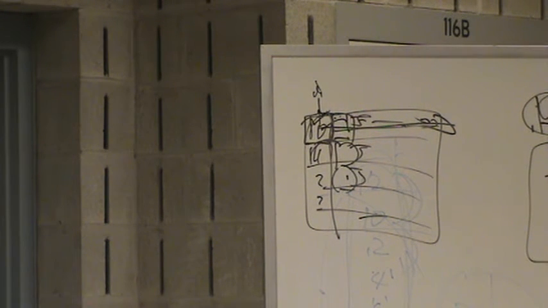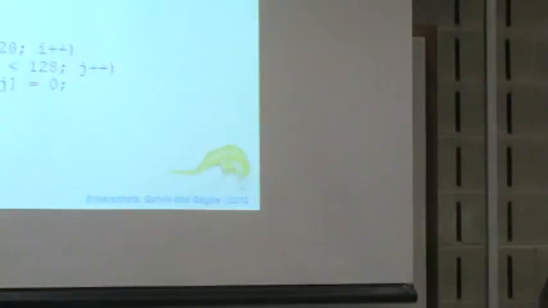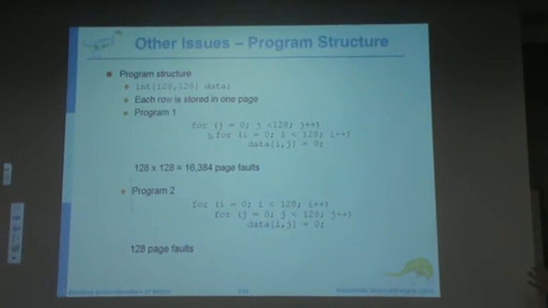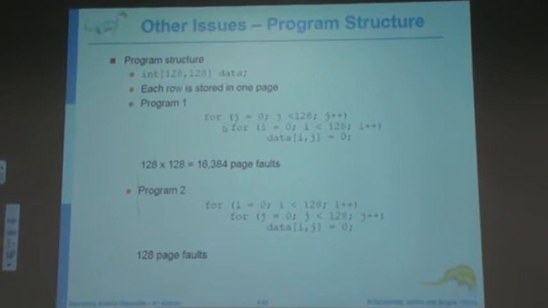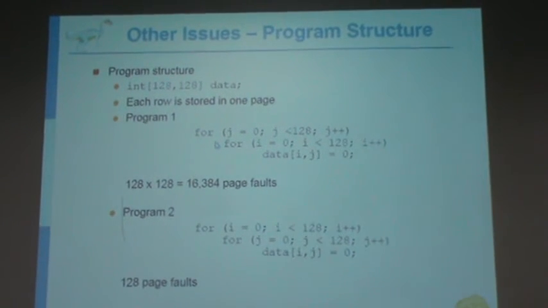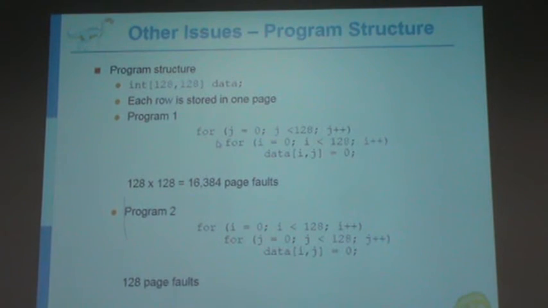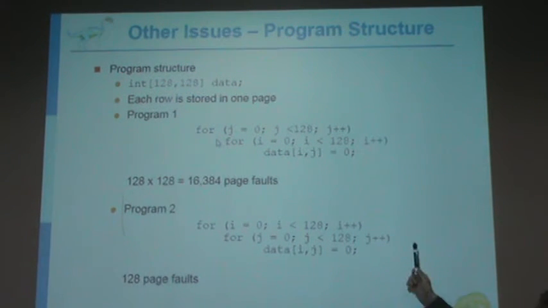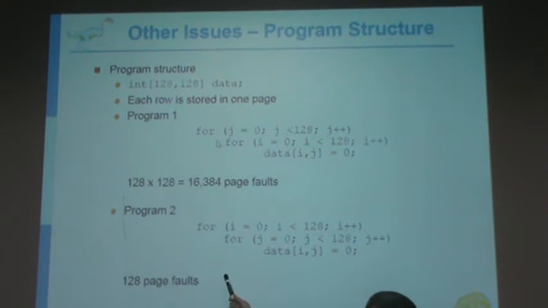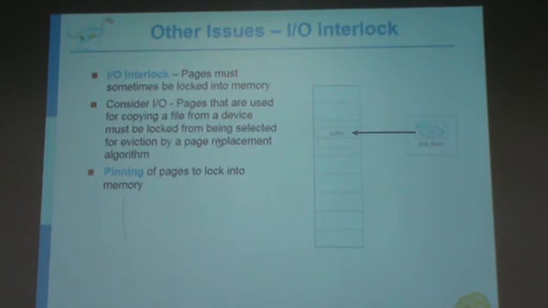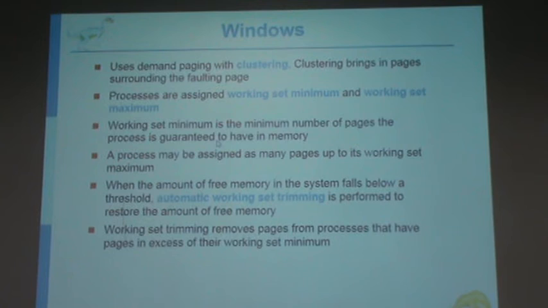Probably you heard this from your instructor. I'm not sure whether it affects Java, but for a C program this is definitely not a good example of code. So you need to write the bottom type of program, where the outer loop should be on the left-hand side first, because of the page faults.